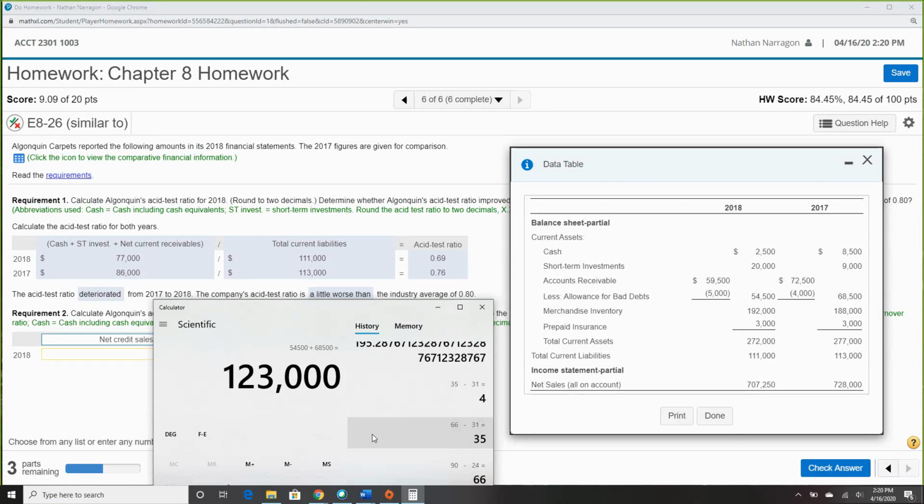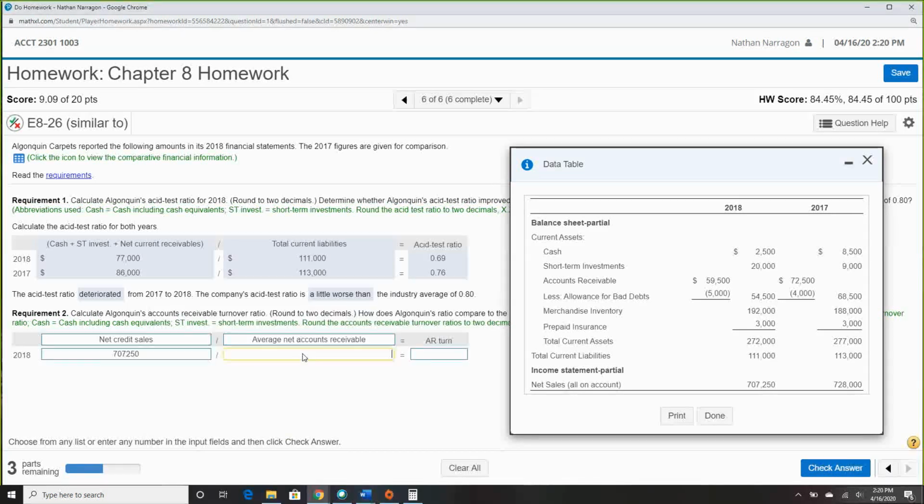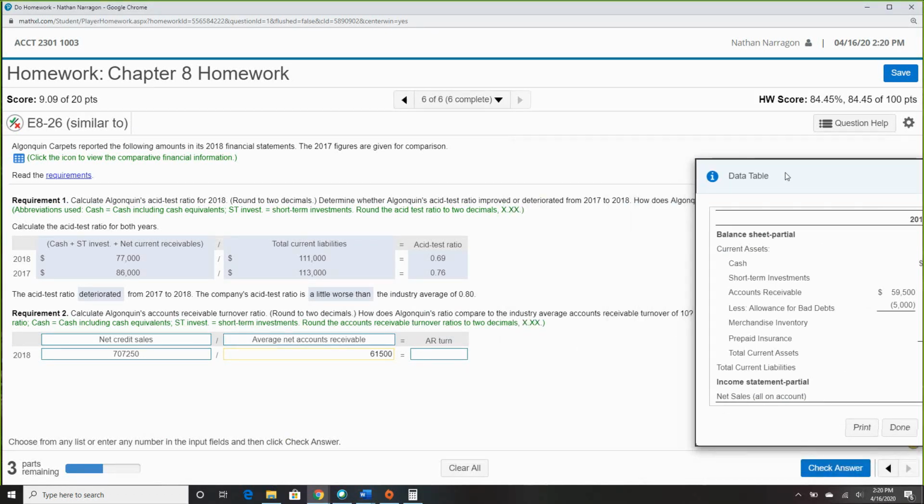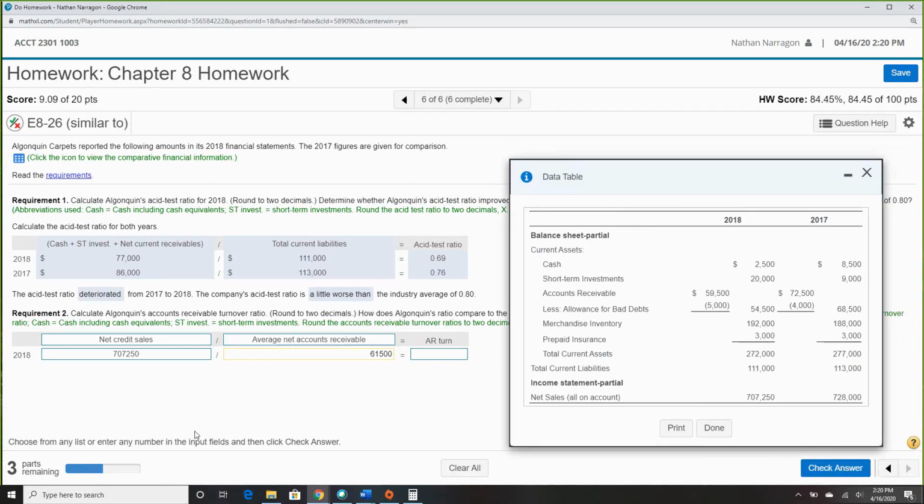Then divide by 2. So it happens to be 61,500 for me. And then I would divide the two numbers, and again, round to 2 decimals.